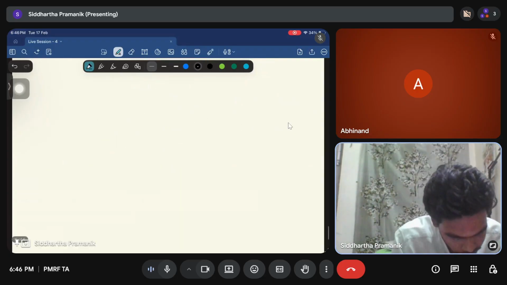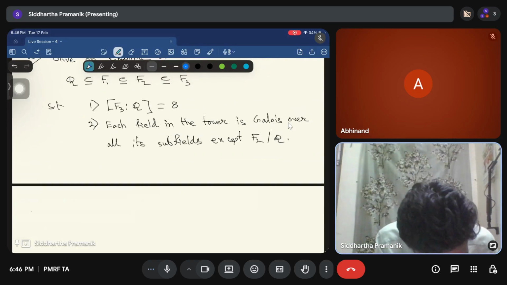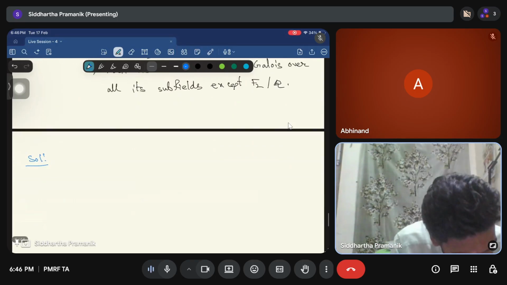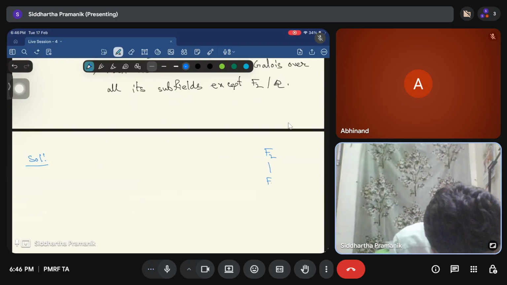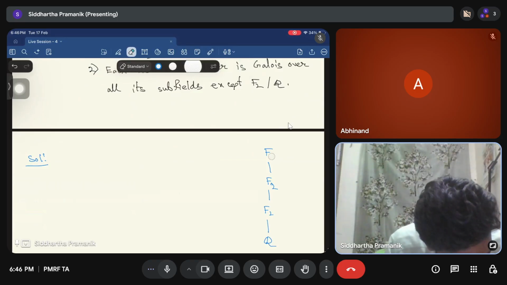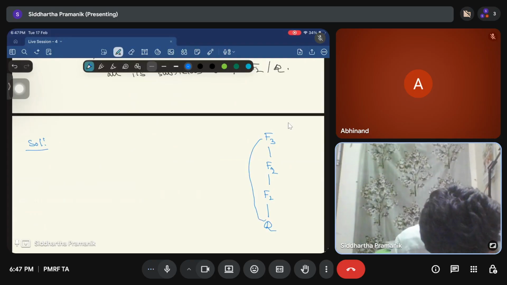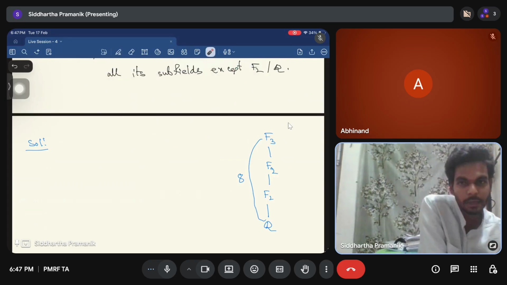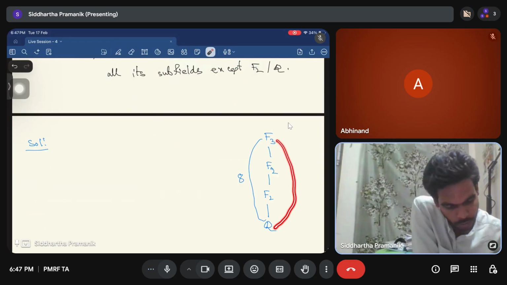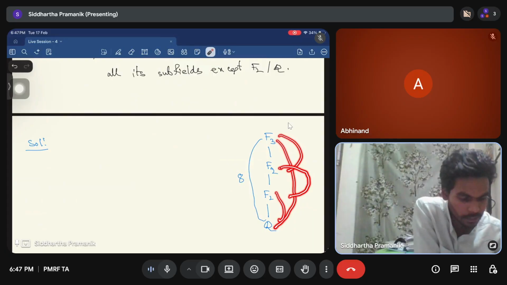Let me explain the second condition. Basically we have to find a tower like this: F3 sitting over F2, which is sitting over F1, and the base field is Q. So we are in characteristic 0, such that the degree of the bigger one is 8, and if we take the extension F3 over Q, or F1 over Q, or F3 over F2, and even F2 over F1, all these extensions are Galois.